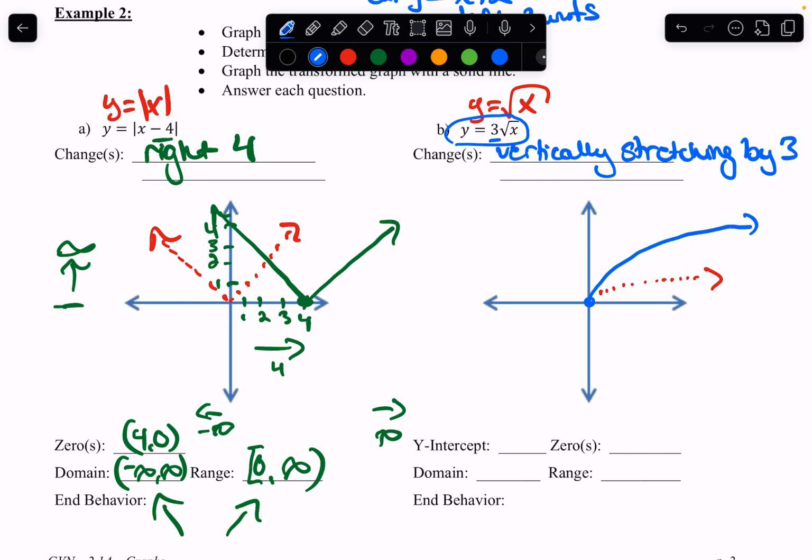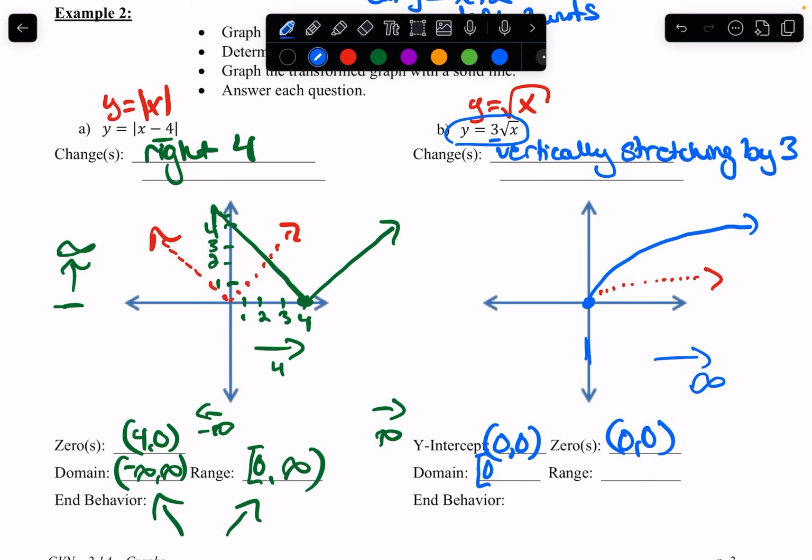Our y-intercept now, where does it cross the y-axis or touch the y-axis, is 0, 0. That's where it's on the y-axis. Same thing for the 0, which is our x-intercept. That's 0, 0. Same one. Domain, we start from the y-axis and go all the way to infinity.